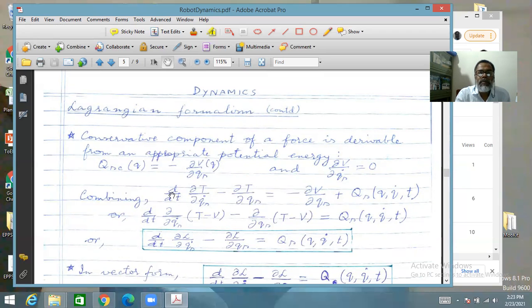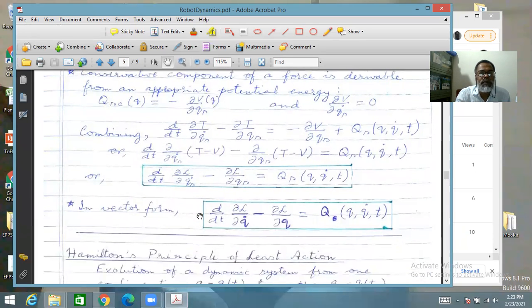And here d by dt del by del QS dot, here also you can say T minus V, because what we would be including minus del V by del QS dot, which is 0 anyway. So we put them together and we have got this. Now this T minus V, kinetic energy minus potential energy, is the Lagrangian, which is the key element in Lagrangian formulation.